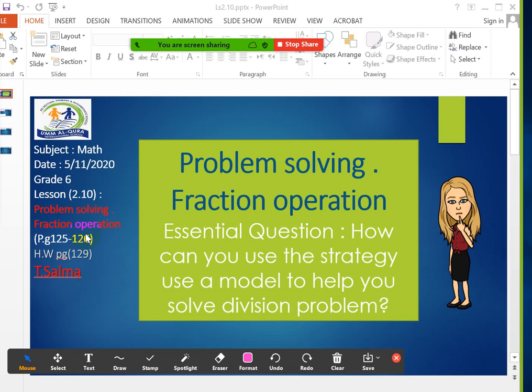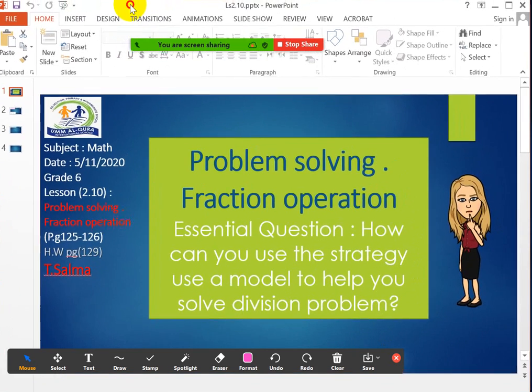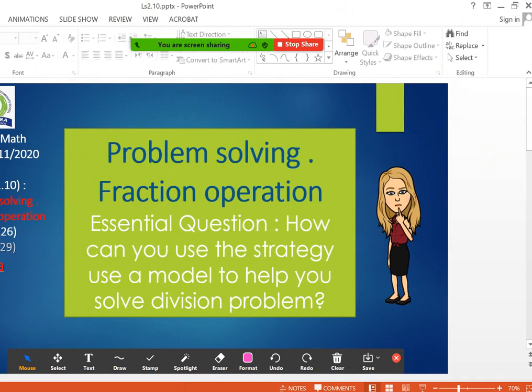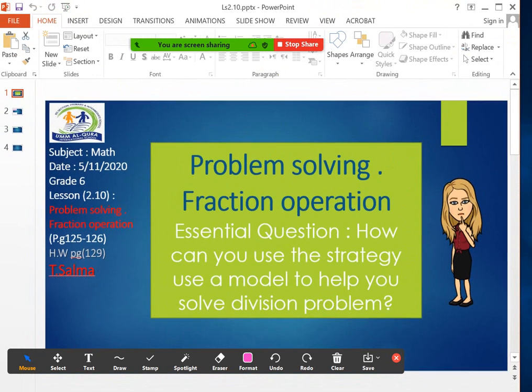So our lesson today is about how to solve problems. So girls, you know that problems are how to read words and convert them to numbers and operations between those numbers.